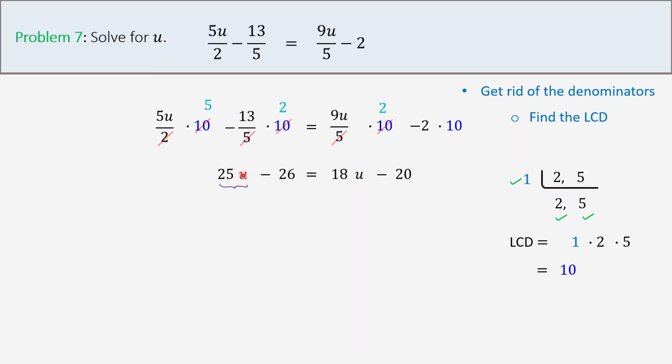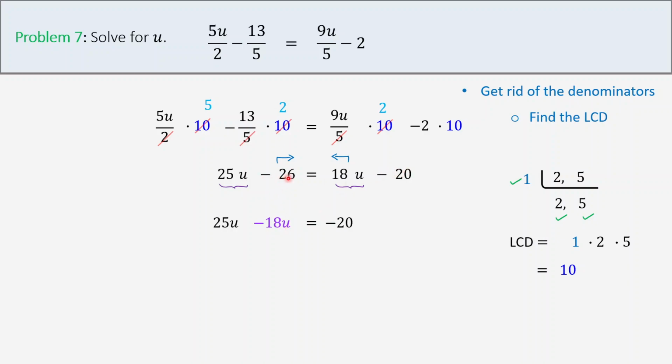Now you have the variable here and here. Move this term to the left so that all the terms with u are on the left hand side, and move this to the right so that all the constant terms are on the right hand side. 25u. This is positive 18u, so you need to add negative 18u is equal to negative 20.